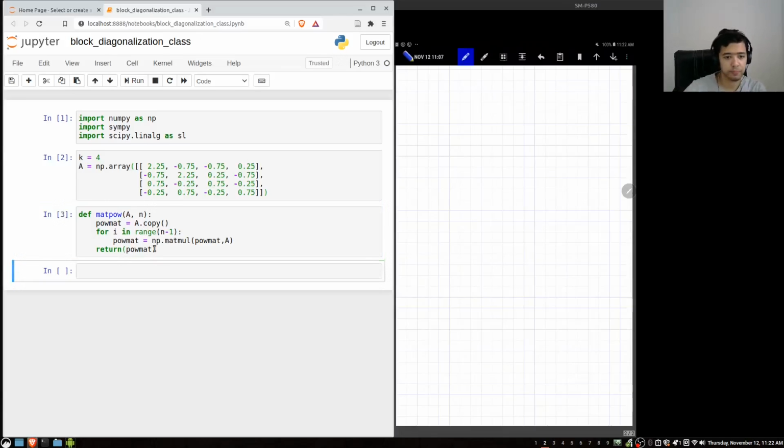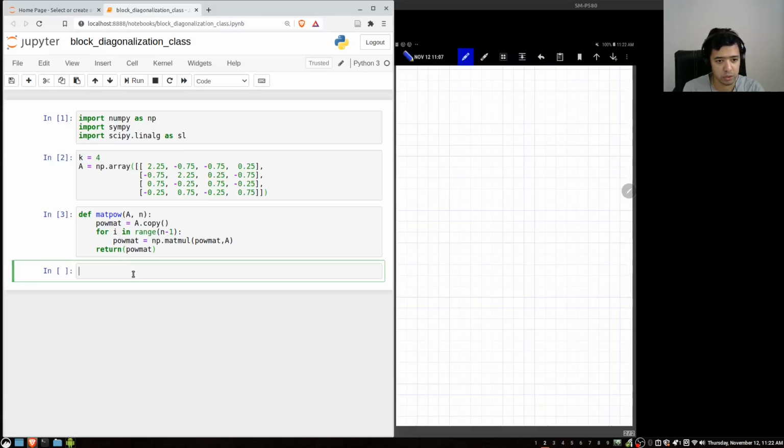Okay, so now let's first check what the eigenvalues of A are. After all, we want to compute the minimal polynomial. So let's find the eigenvalues.